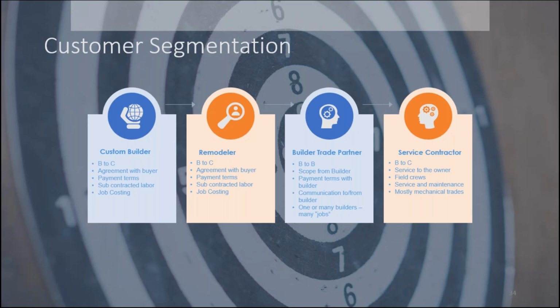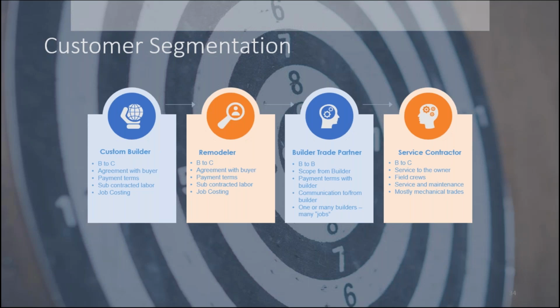Custom builders is a business to consumer type of scenario where the business is working directly with the consumer to agree on what is going to be built, what the payment terms are, the subcontractor labor, and all the job costing. And then if you think about a remodel project, that's real similar. So custom builders and remodelers are working directly with consumers. And so there are different pains when you're working directly with the consumer than when you're not. And you may be managing your job costing and your accounting just a little bit differently as well.